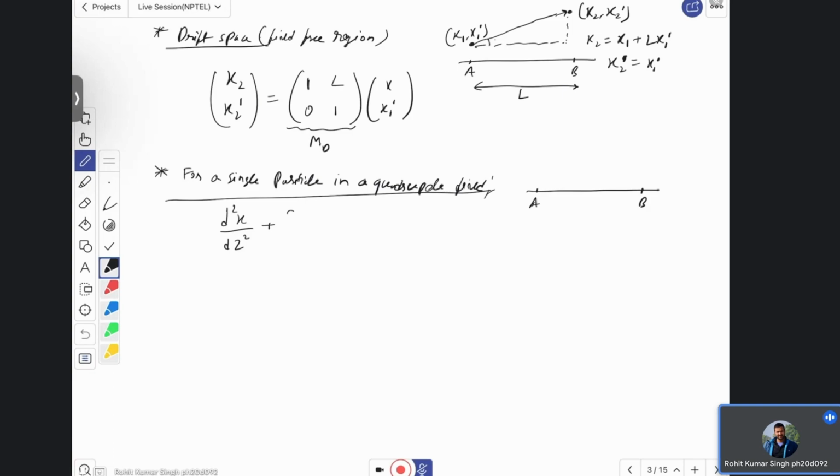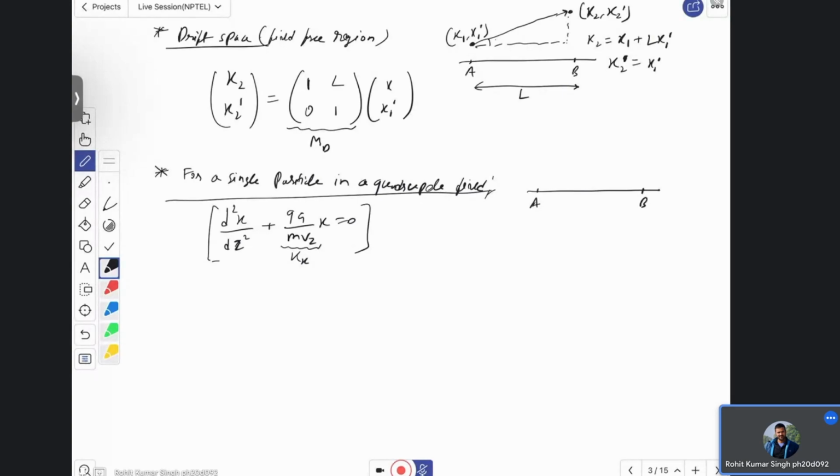So the equation of motion is this. Okay, for a single particle in a quadrupole field, we get this kind of equation of motion, and this is the equation of motion for a simple harmonic oscillator, and we can write this with a k, because it's a constant for a particular domain.